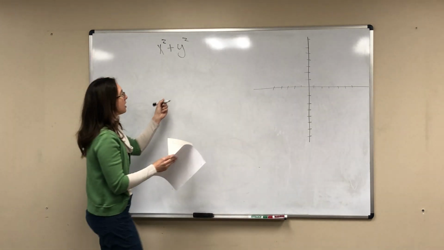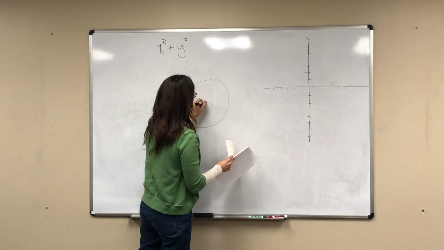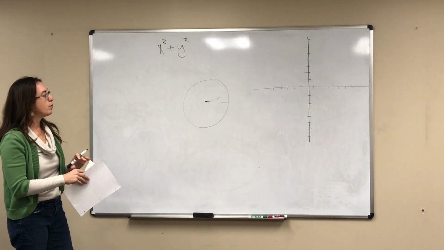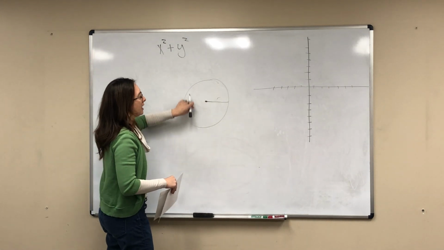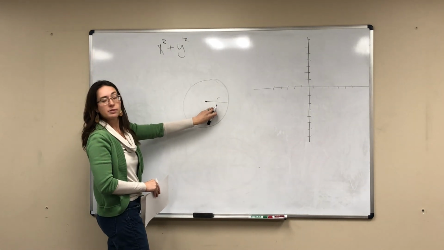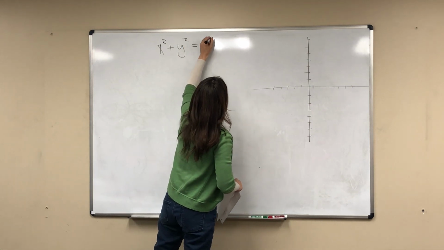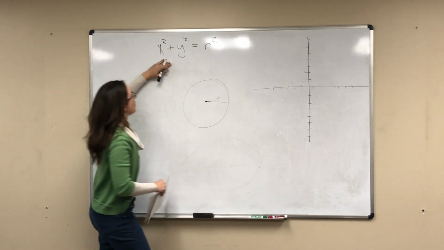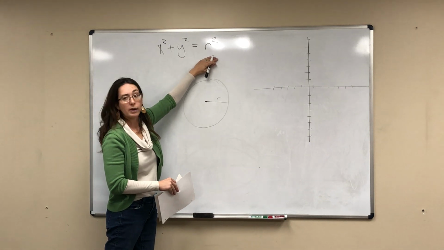Now, because of geometry, when we talked about our circle, and we have our radius here, for a circle, our curvature is dependent upon our radius, okay? So our circle formula is going to be x squared plus y squared equals our radius squared, okay?